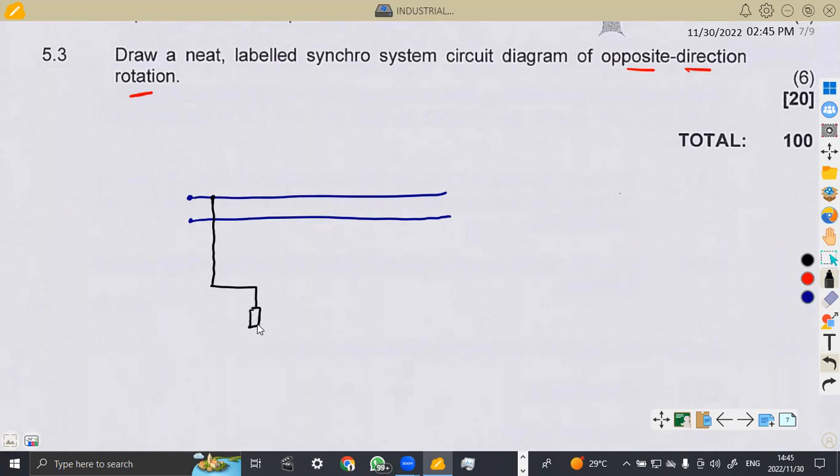We're going to have something of this nature here connected to the one that is from this line. So that's where we are having our R1 and our R2 here.